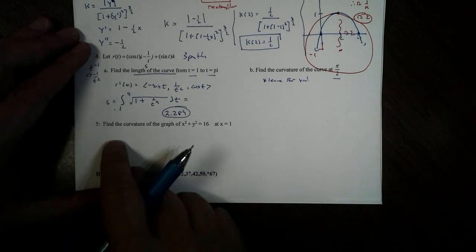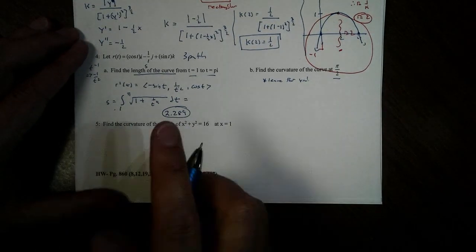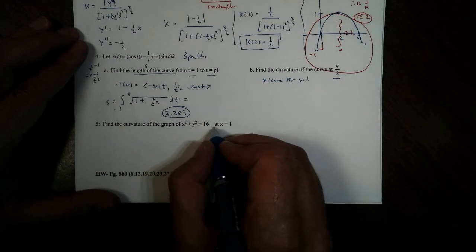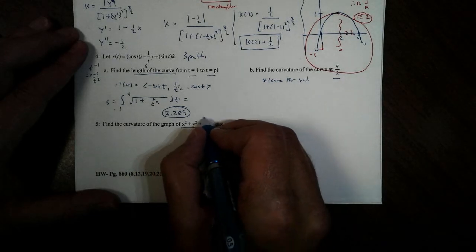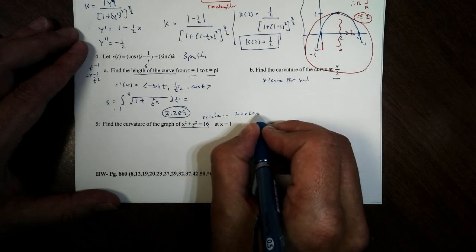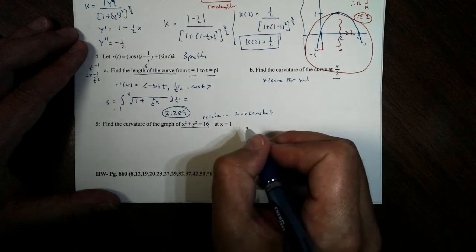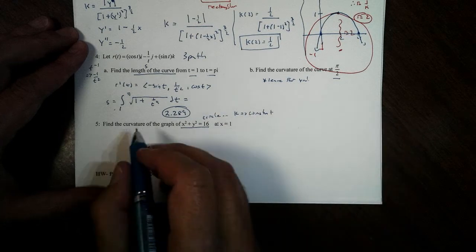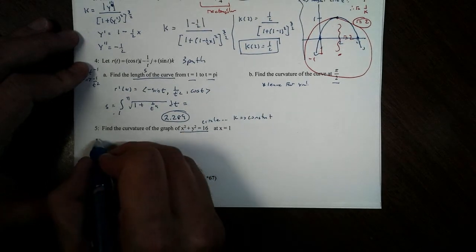Alright, for question 5, find the curvature of the graph at x equals 1. Now notice this is a circle, so what would you expect the curvature to be? Of course, it should be a constant for us. And this is rectangular, so we're going to use our kappa.